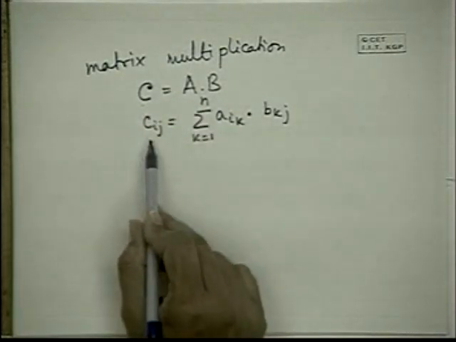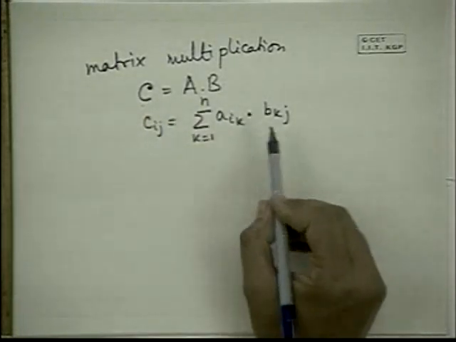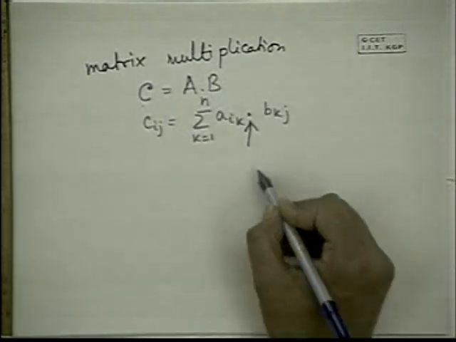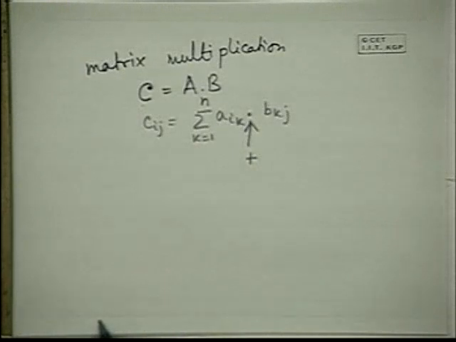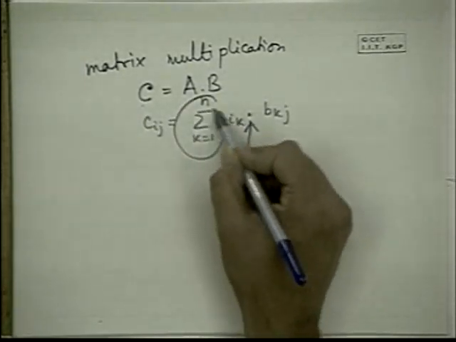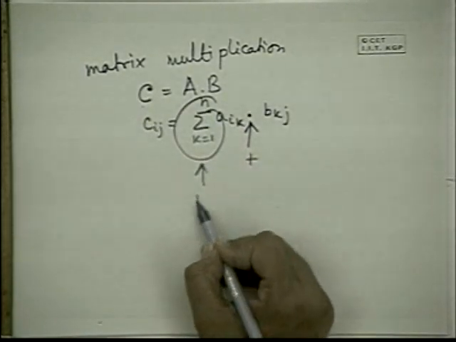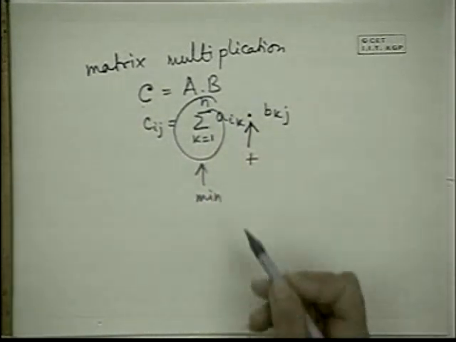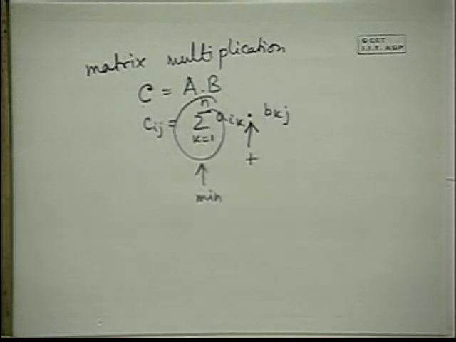But look, suppose we replace this dot by plus and replace this sum by operation min. What is it? It is exactly what we are trying to compute.